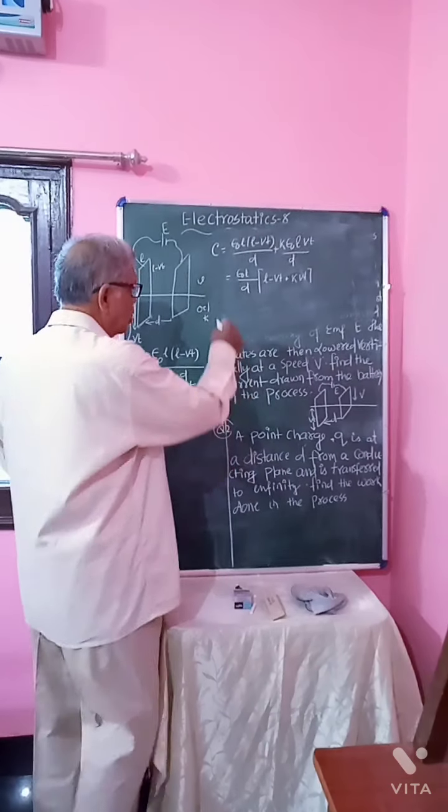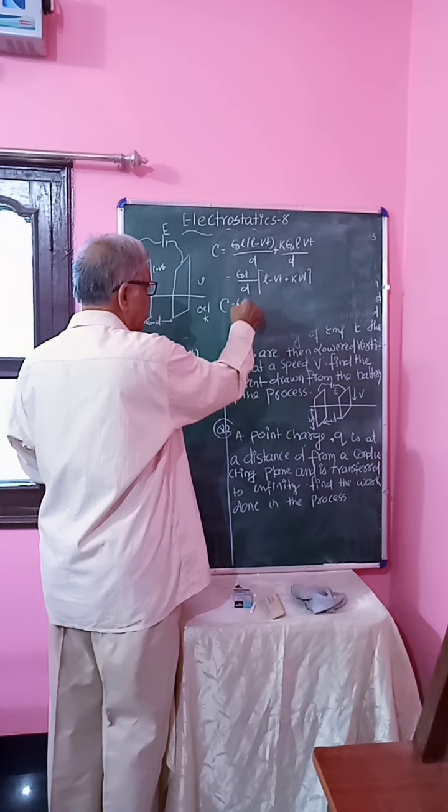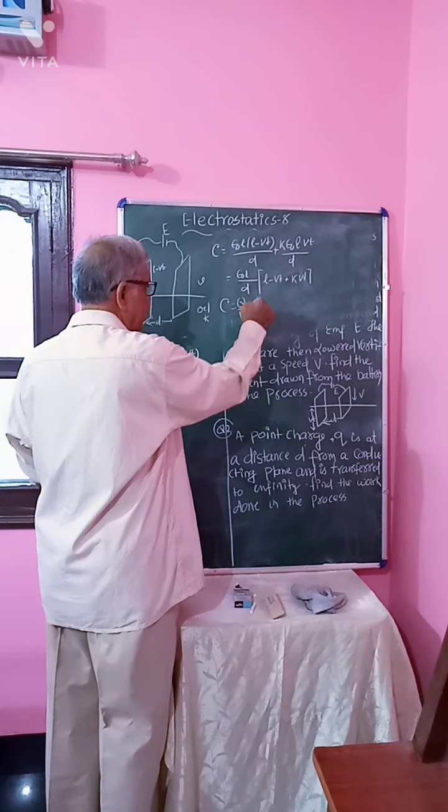Now, as you know, C equals charge by potential difference.